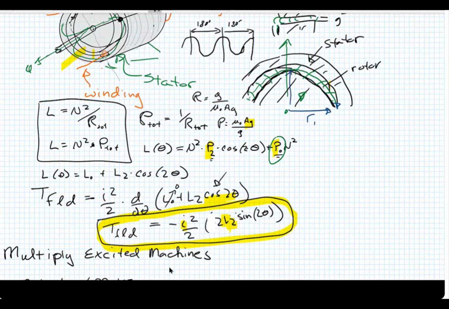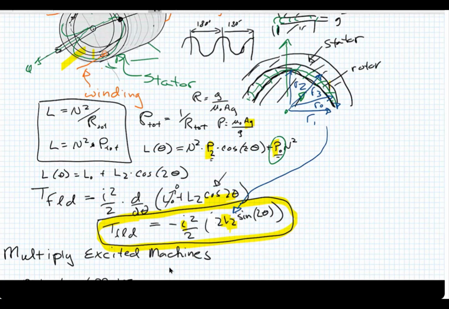I've got a radius here, R2. I've got a radius out to there, you can call it R3. So essentially, you've got a radius out to the middle, that's R0. And so really, the difference between R1 and R2 is what goes into L2. So if you didn't have a varying R, you would not have a torque. And I think that's a point I'm trying to make there.